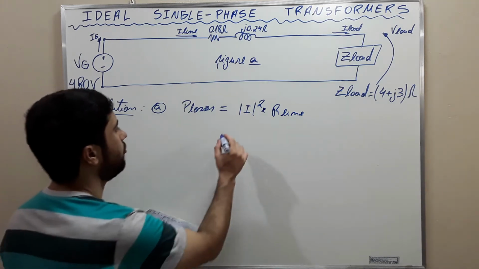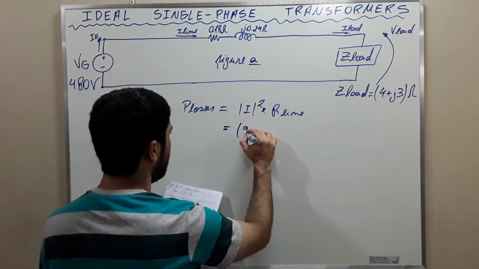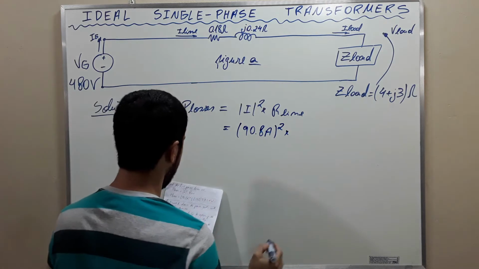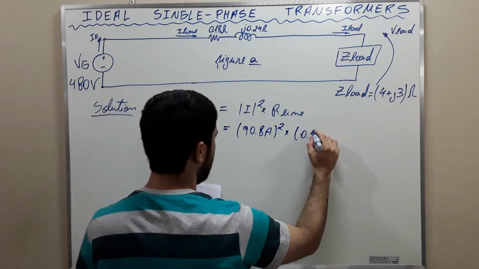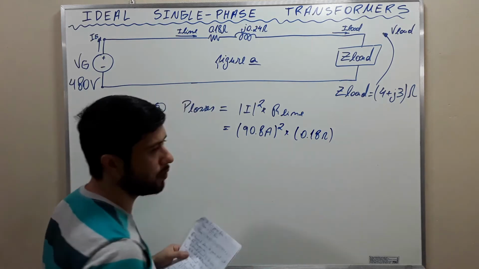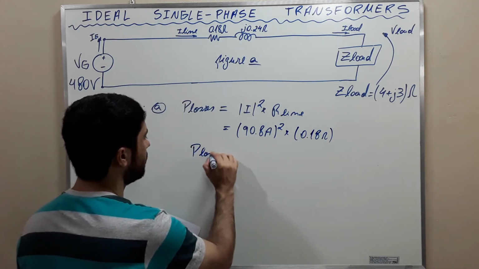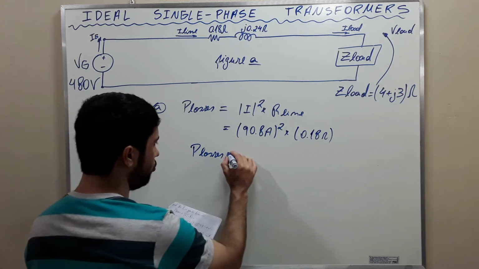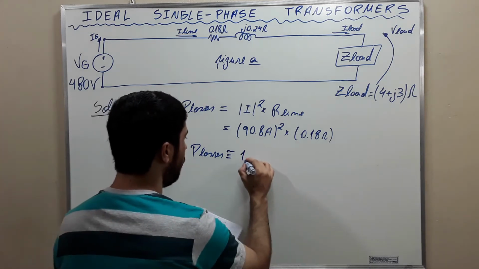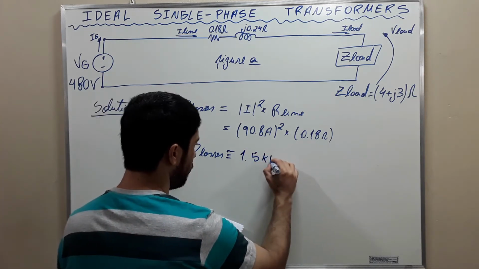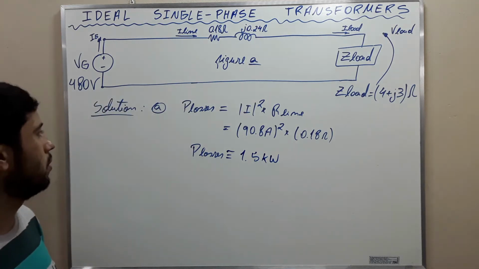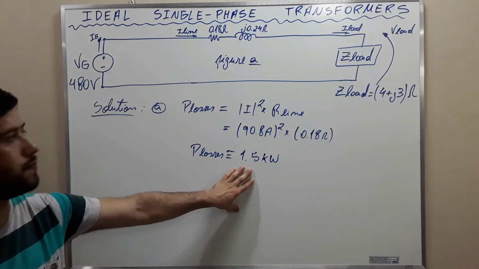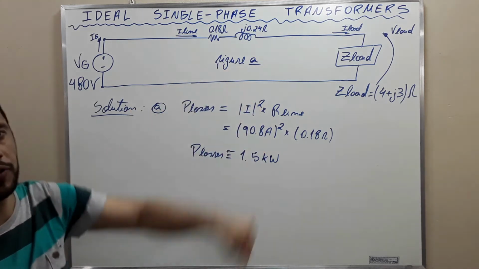The current is 90.8 amperes squared times 0.18 ohms, and then we find that the power losses amount to approximately 1.5 kilowatts. 1.5 kilowatts. This is what's being lost along the transmission line.